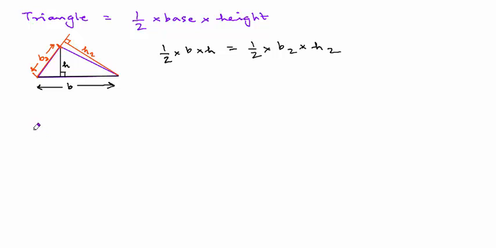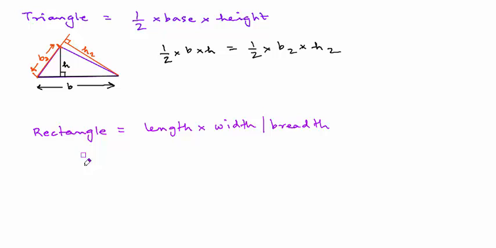The area of a rectangle is equal to the product of its length and the width, also called the breadth. So if you have a rectangle, the opposite sides obviously are the same length.